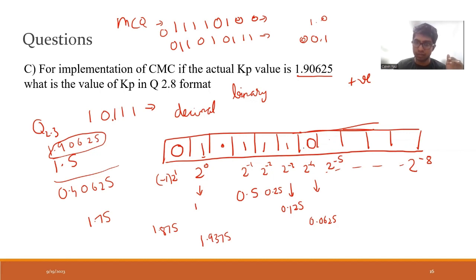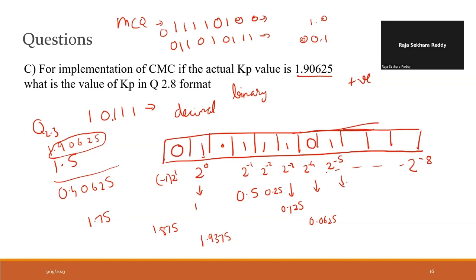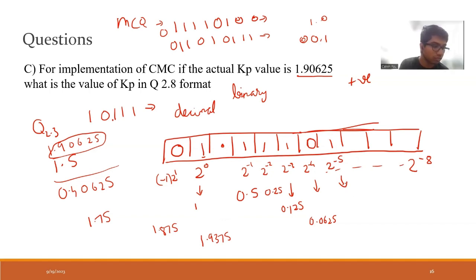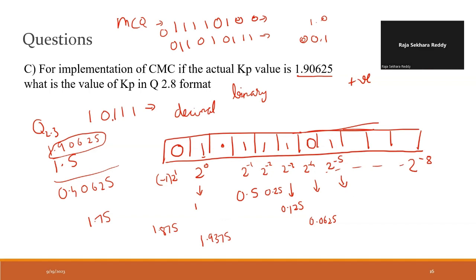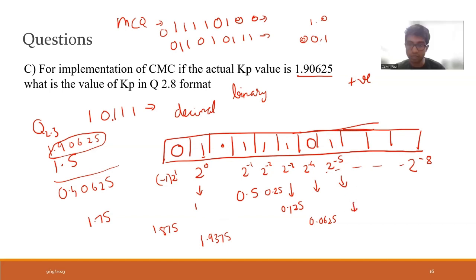Okay. So now I put this as 1. I found the value was exceeding this value, so I put it back as 0. Then I give this a value 1. Then when I put 1 to it, 2 raised to minus 5 is 0.03125.